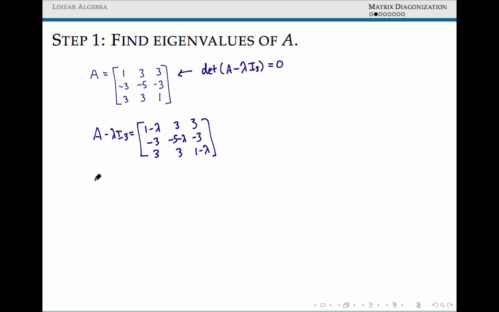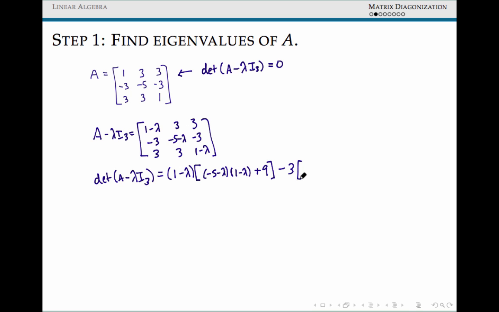As a reminder, to compute the determinant of a 3 by 3 matrix, we're going to expand along the first row in this case. Our determinant is 1 minus lambda times the determinant of this 2 by 2 submatrix, minus negative 3, so in this case I'm just going to add 3 times the determinant of the submatrix we obtained by deleting the center column and the top row.